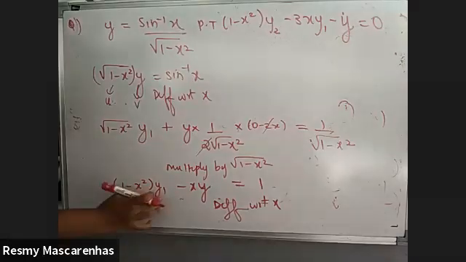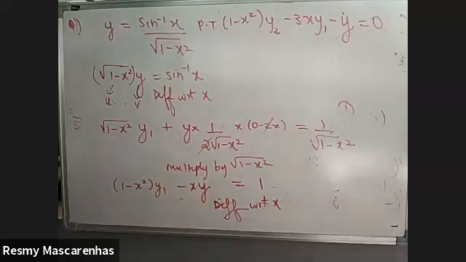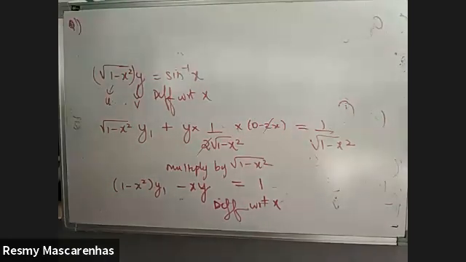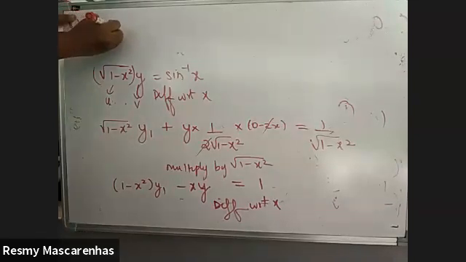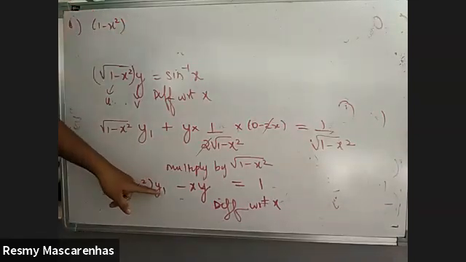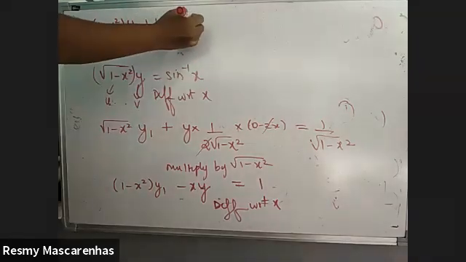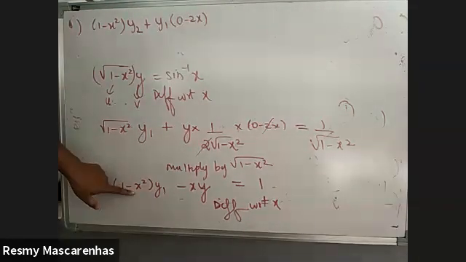Again u into v, u into v. So 1 minus x square, derivative of y1 will be y2. y1 into, so this is for this.